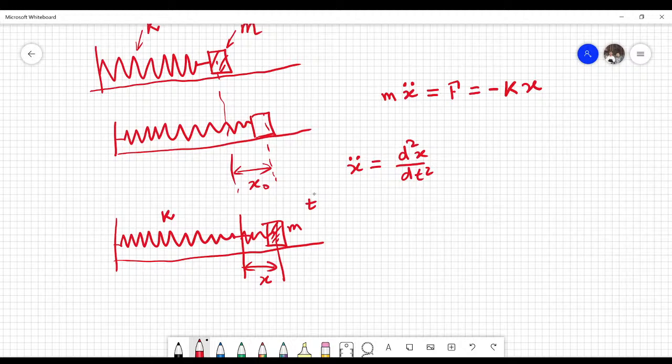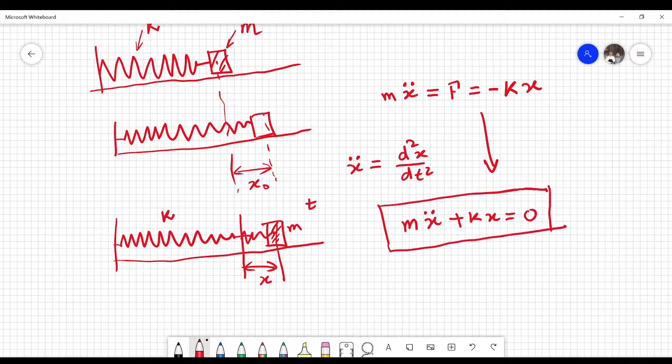This force applied by the spring on the mass is trying to restore the equilibrium, so there is a negative sign. So we have the equation of motion for the mass spring system as m x double dot plus kx equals 0. This is the thing you solve to get the motion of this object.